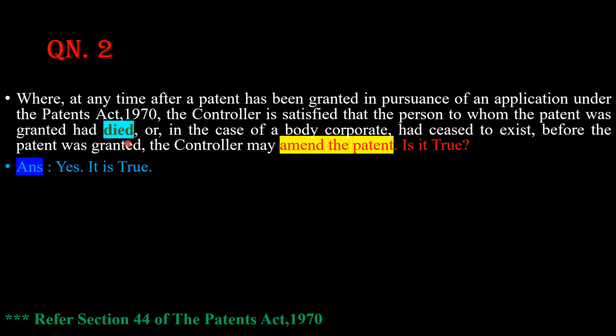For this case the controller must be satisfied. Or in the case of a body corporate, that means this is not a case of an individual, this is a case of a corporate, if it had ceased to exist before the patent was granted, this is the condition. If this condition avails, then the controller may amend the patent.